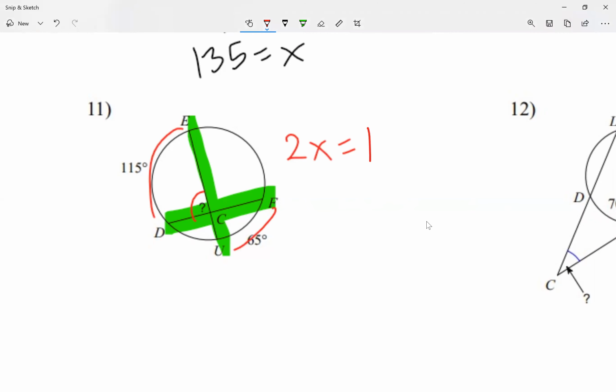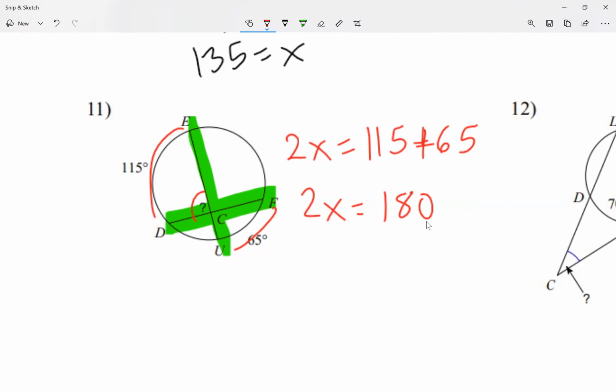So I'm gonna go 115 plus 65. So I have 2 times x is equal to 180, right? 115 plus 65 is 180. Let me divide both sides by 2. So x is equal to 90. Yeah, it looks like 90, so we're good.